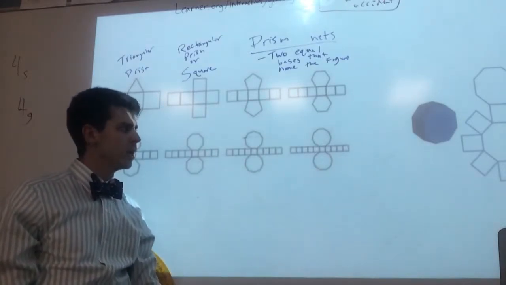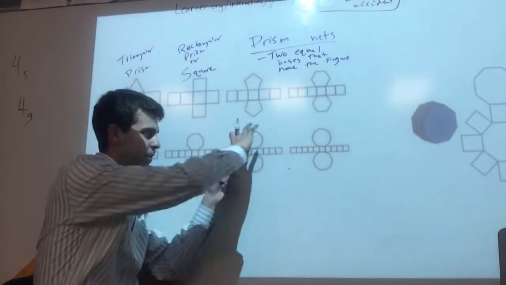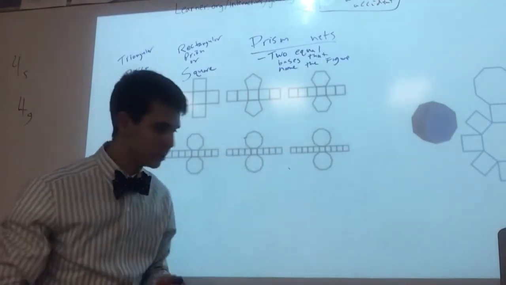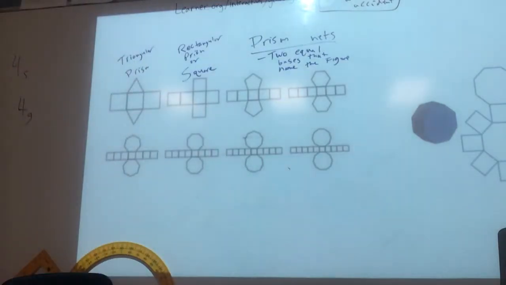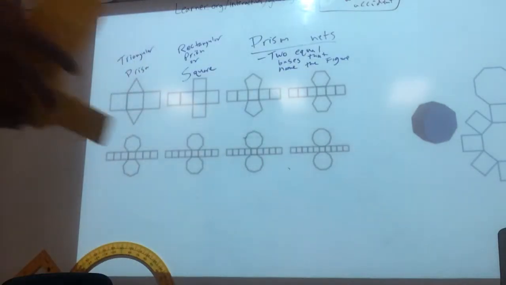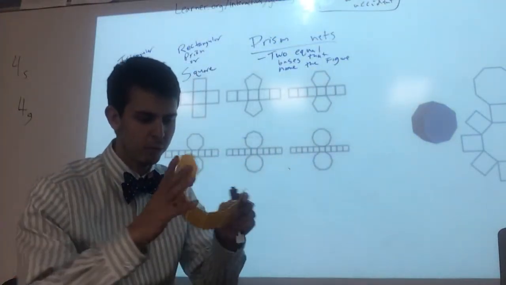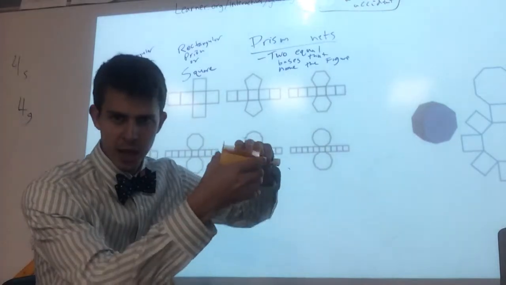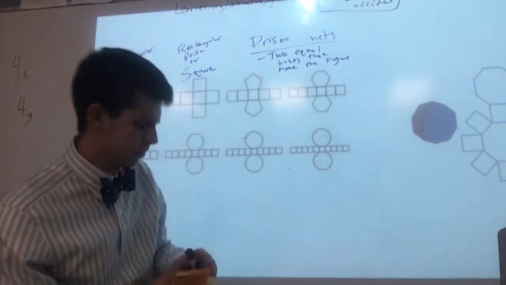Now if you see these surface nets, these can wrap up and the 2 bases can fold together. I have my surface nets back here. For example, this is the hexagonal prism that can wrap around and eventually make the hexagonal prism.